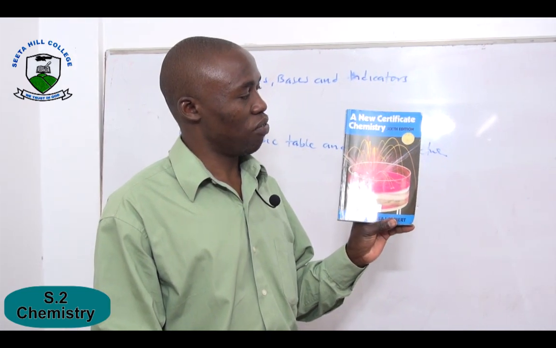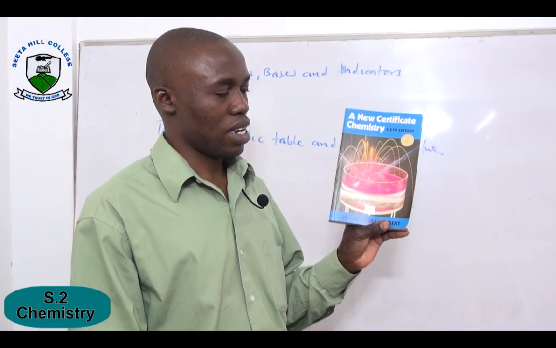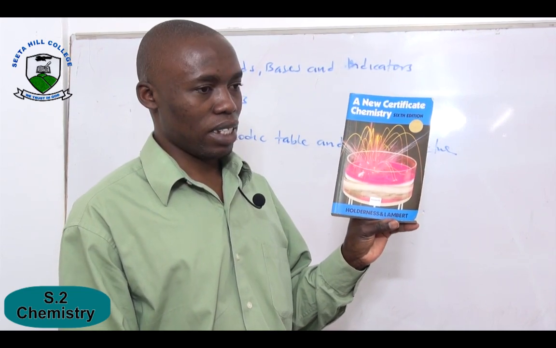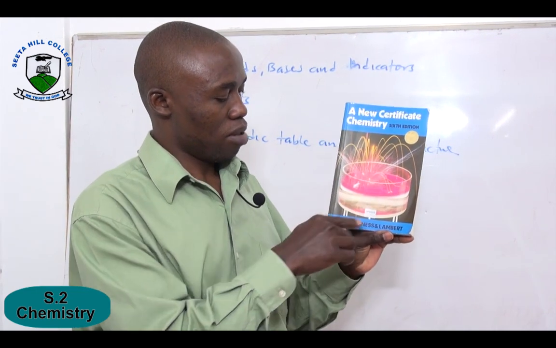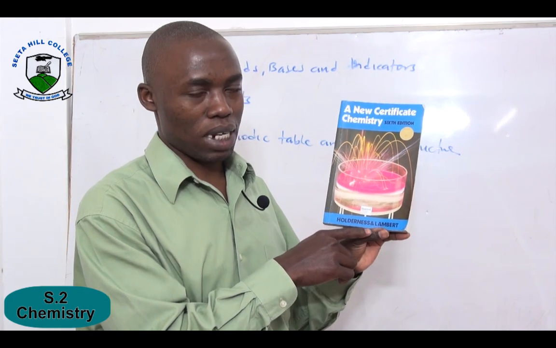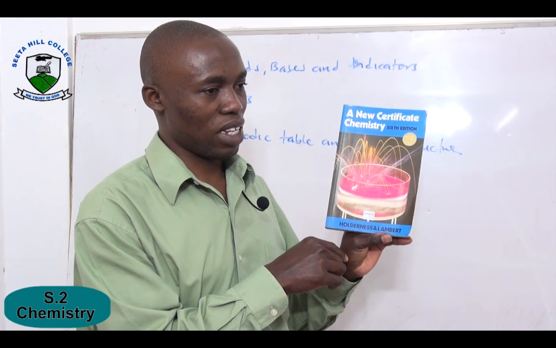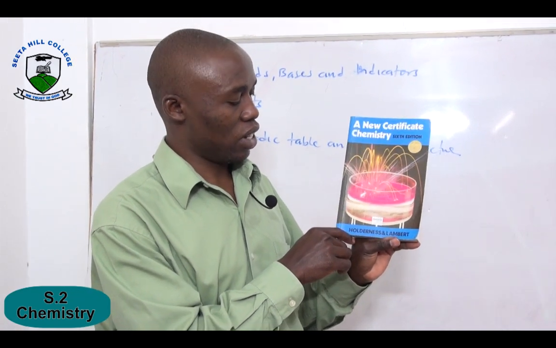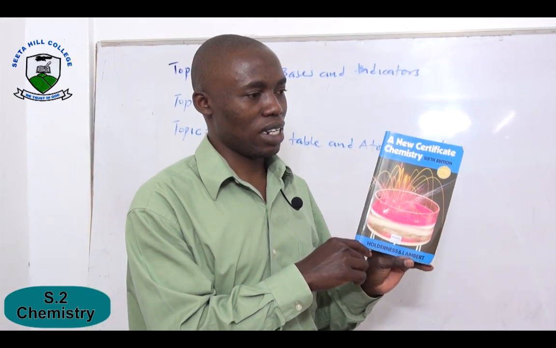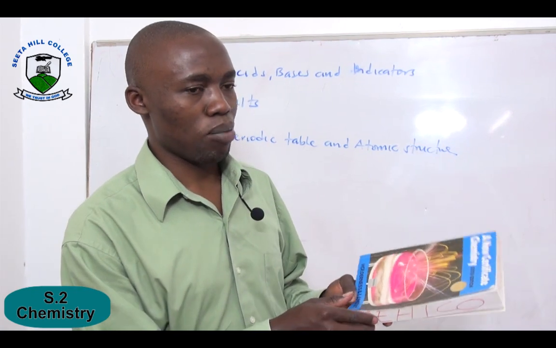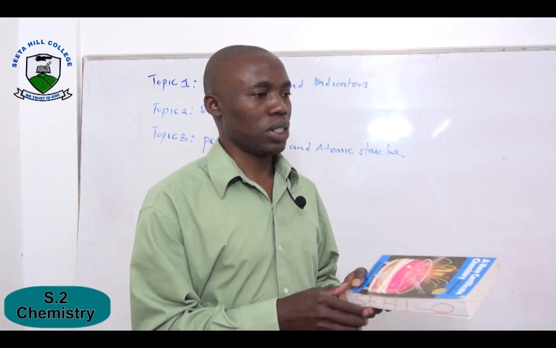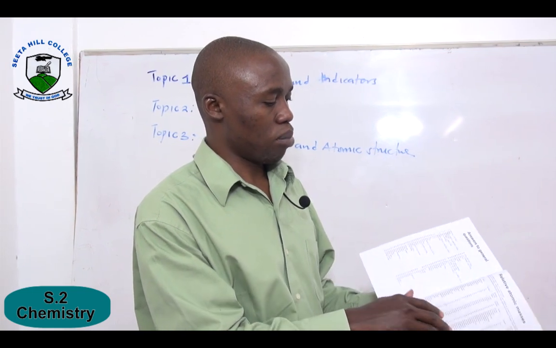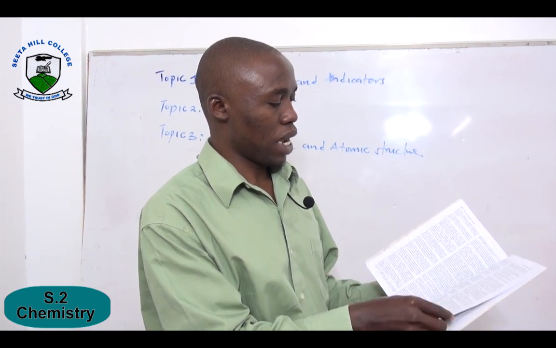That is New Certificate Chemistry, 6th edition, by Holderness and Lambert. It's a blue book. So we are going to use the periodic table that was placed behind here.